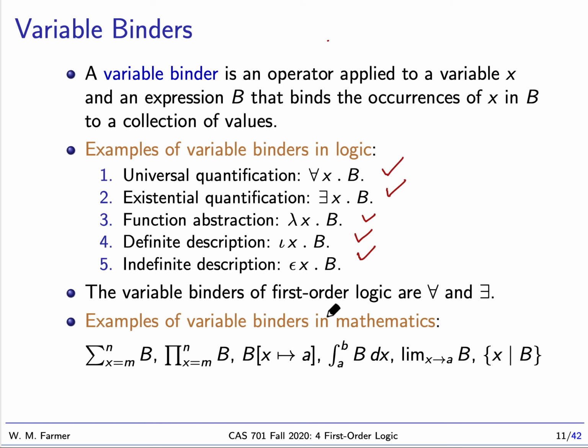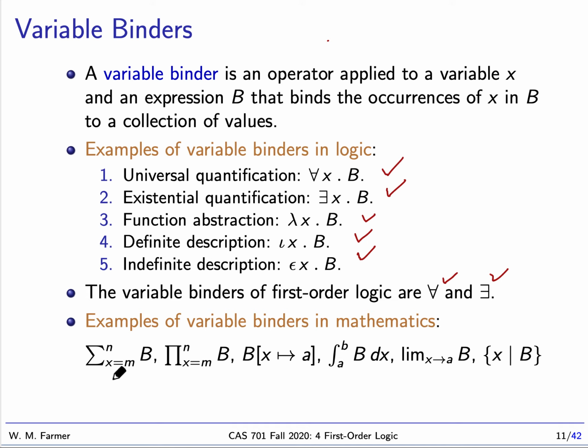Now, variable binders, as I've just mentioned, for first order logic are universal quantification and existential quantification. Variable binders occur throughout mathematics. Basically, whenever you have a construction where you have something that is a dummy variable, that's a variable that you could change, make it something else, you have a variable binder.